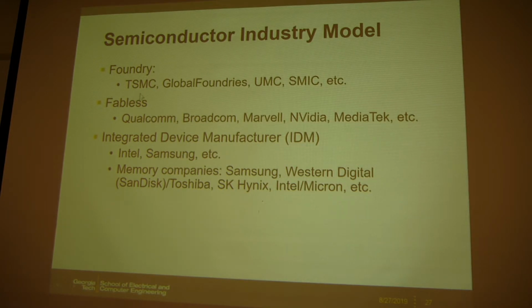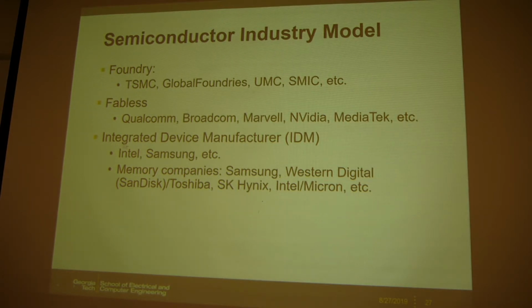But TSMC occupies more than half of the market share these days. And fabless design houses only do the circuit design and send the GDS files to the foundry for manufacturing. You can name those companies like Qualcomm and so on. And nowadays NVIDIA is popular because of GPU.